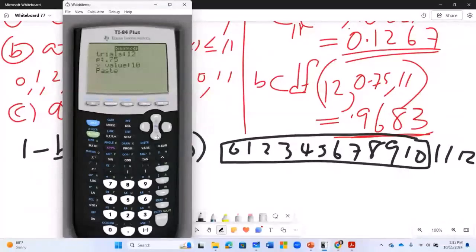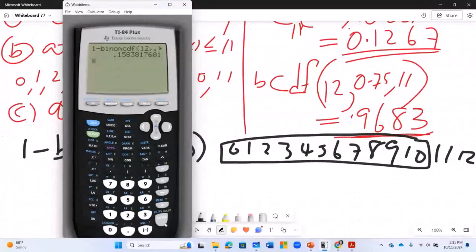When I go to paste, I'll look at what I'm asking my calculator. Remember, I'm supposed to put 1 minus there. Is there any 1 minus there? If not, then I will put it in, second insert, 1 minus, because this is the way it should be. So now I hit enter.